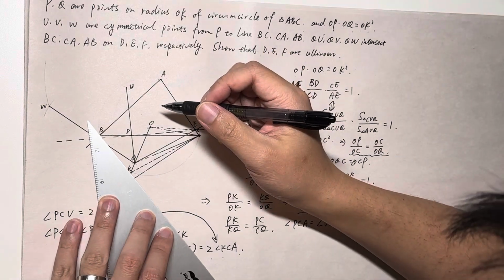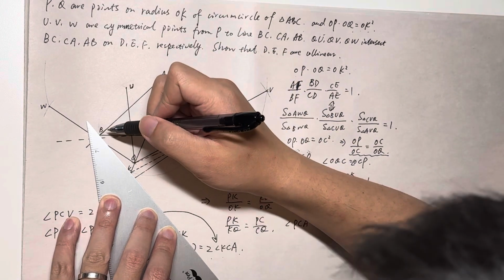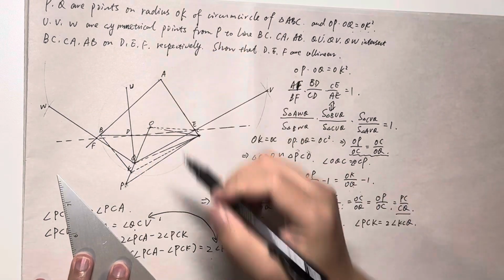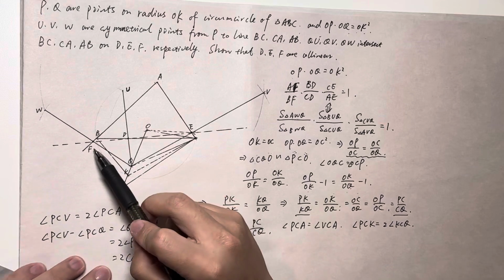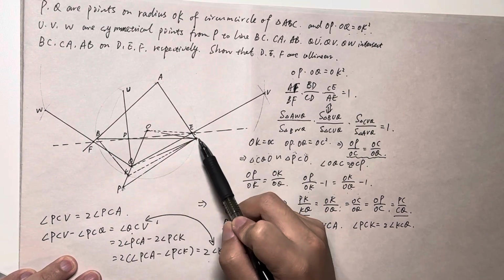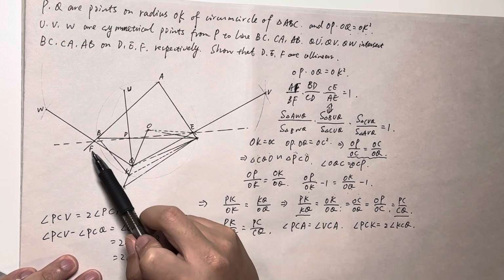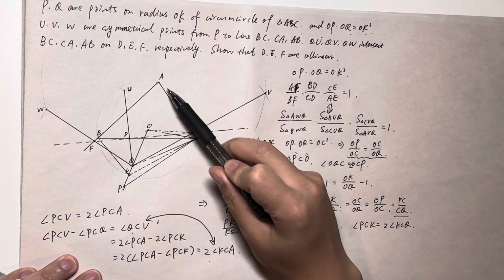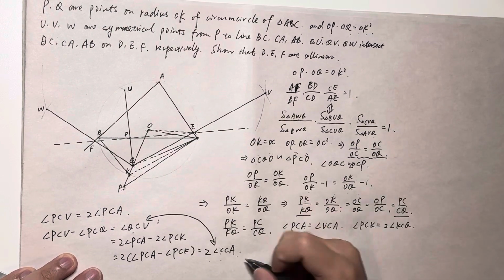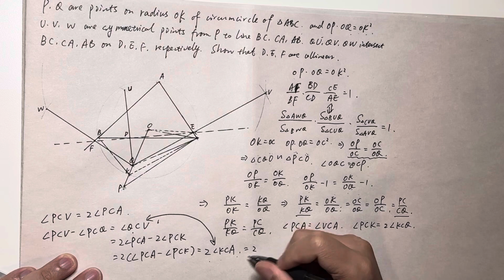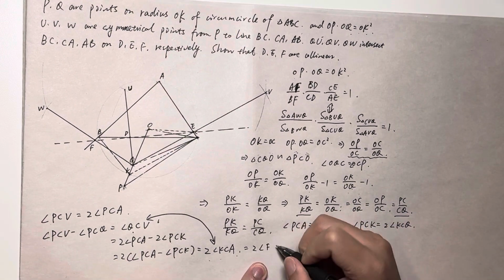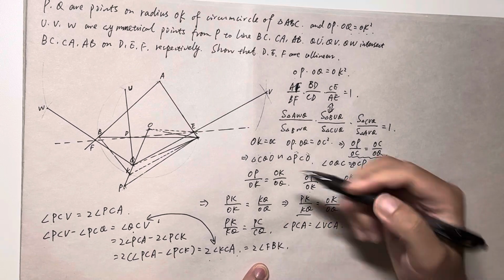BK, we know that angle FBK, because ABKC are cyclic, equals angle ACK or KAC, right? So it would equal twice angle FBK, right?